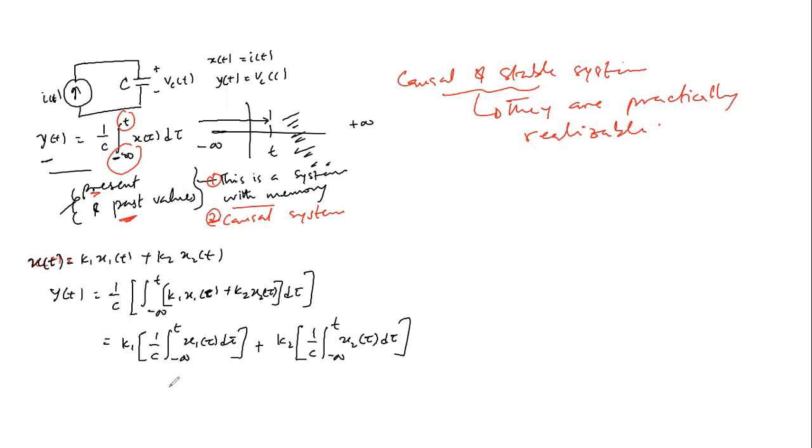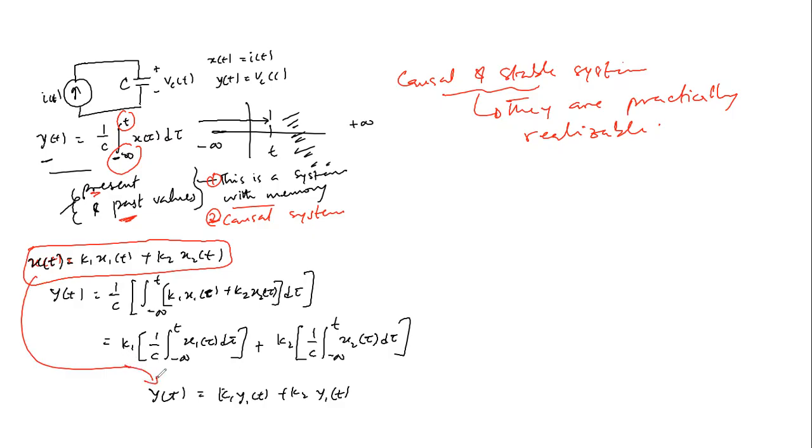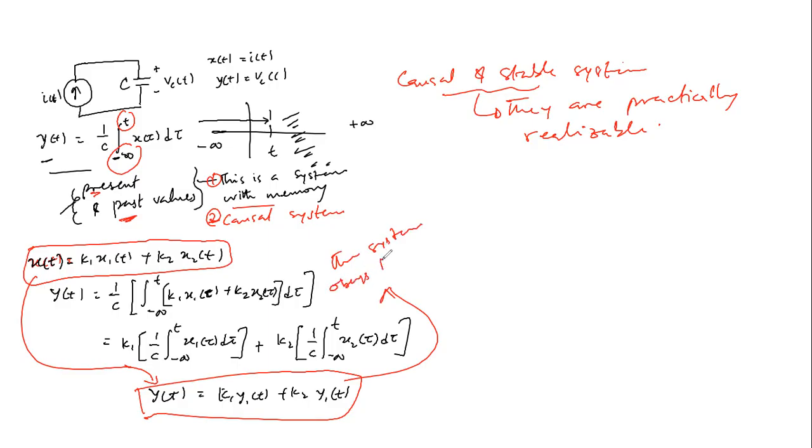You see that this now is the same as y of t is equal to K1 y1 of t plus K2 y2 of t. Now, given that s of t is this, and then we arrive at this, it means that the system obeys the law of additivity.